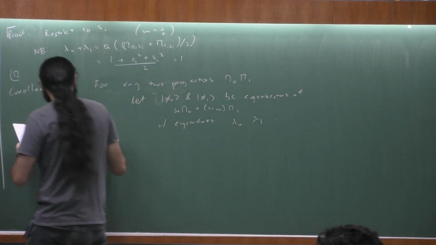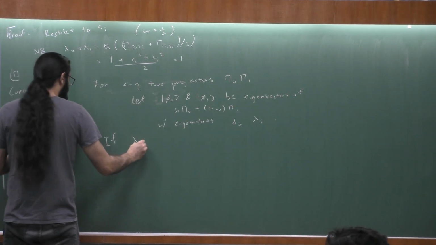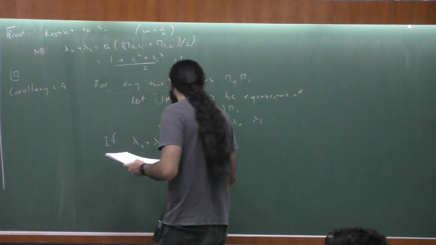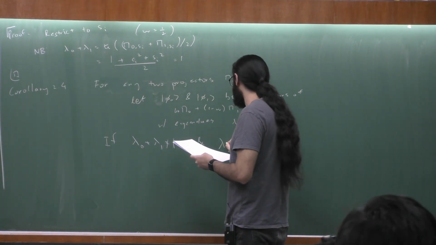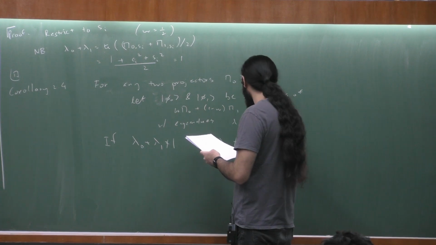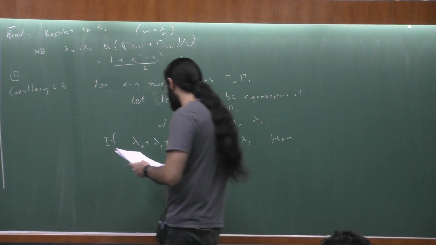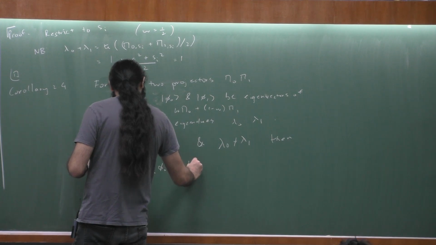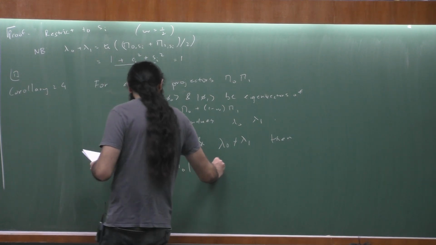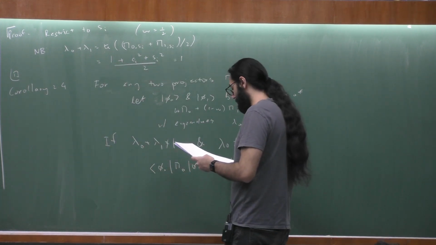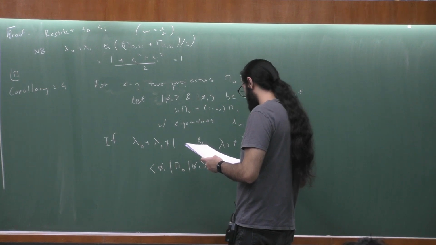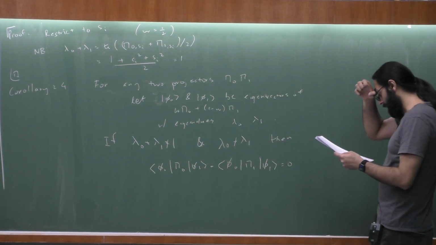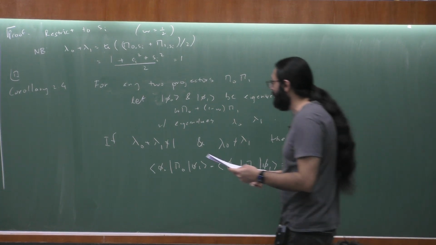Now if lambda 0 plus lambda 1 is not equal to 1, and lambda 0 is distinct from lambda 1, then one gets the following: phi 0, pi 0, phi 1 is the same as phi 0, pi 1, phi 1, and this is 0.